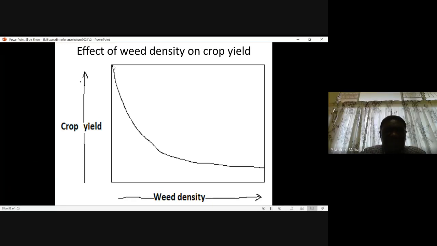Cousens' curve is, you start from the top. As long as you have weeds, your crop is going to suffer. This is what is being suggested by such a curve. You better not have weeds. One weed is enough to cause problems, according to this curve.